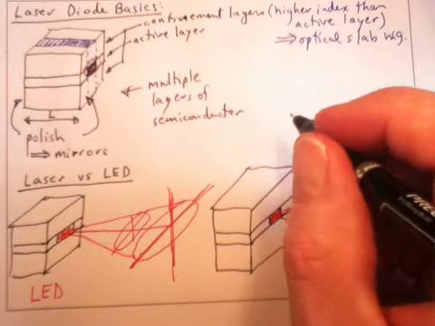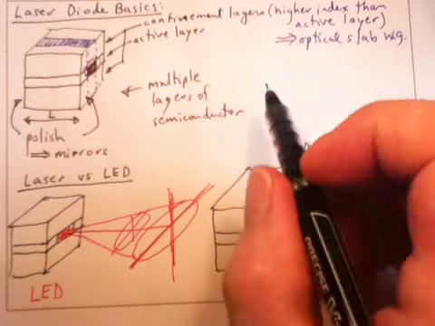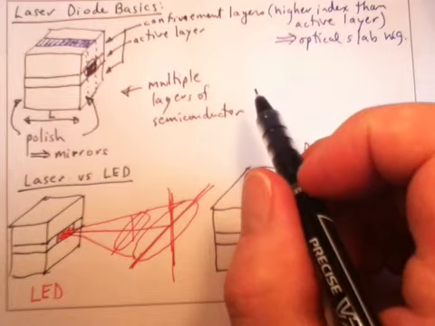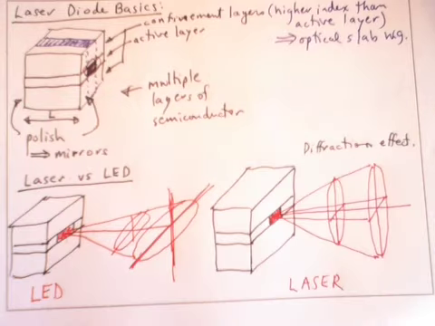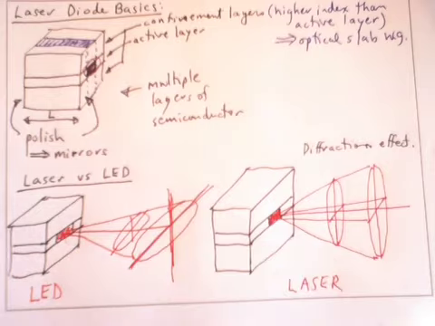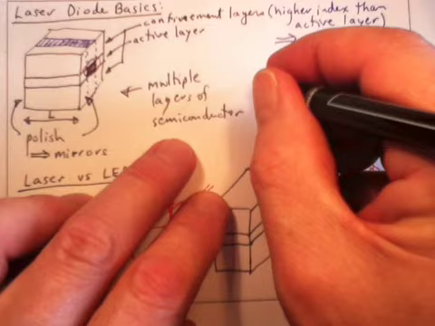So the PN is a single heterojunction, and when we have these multiple layers, they're called double or multiple heterojunction layers.